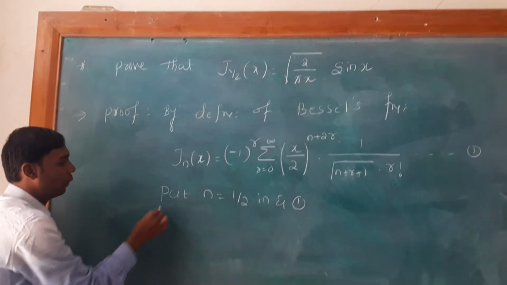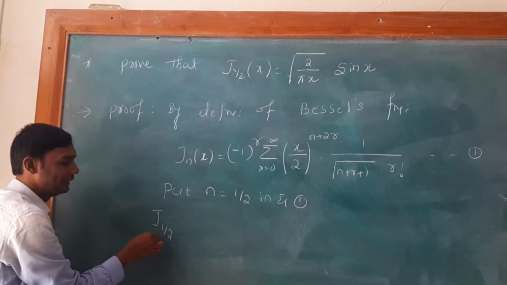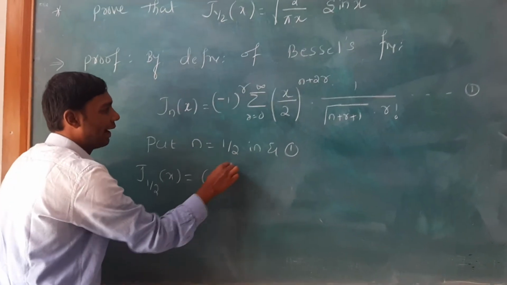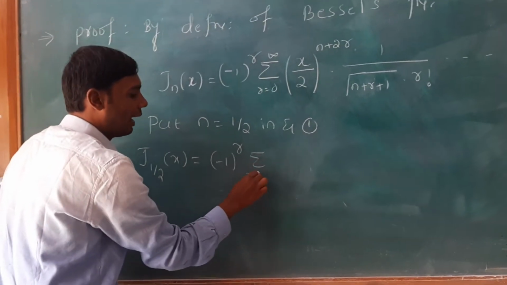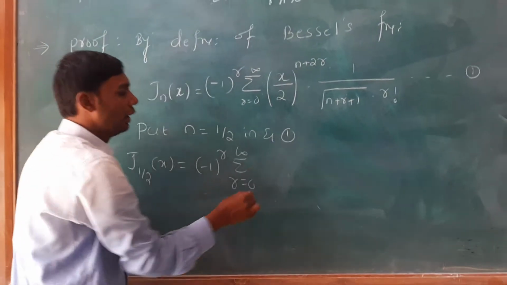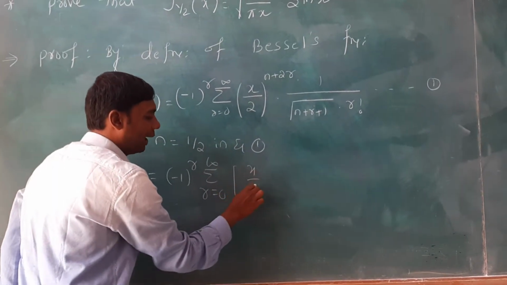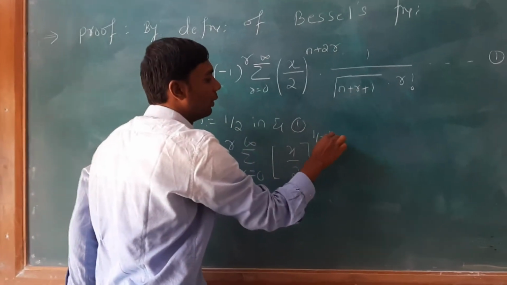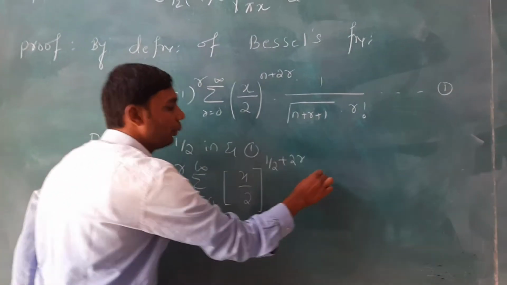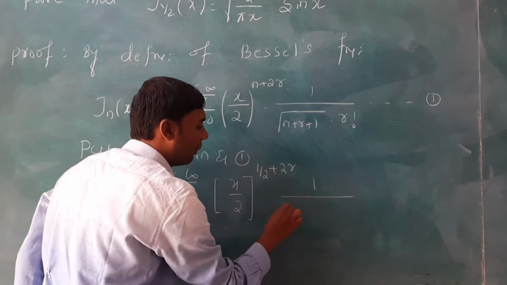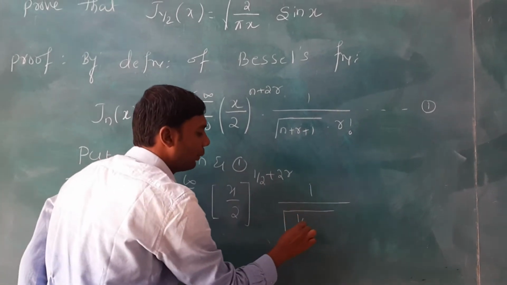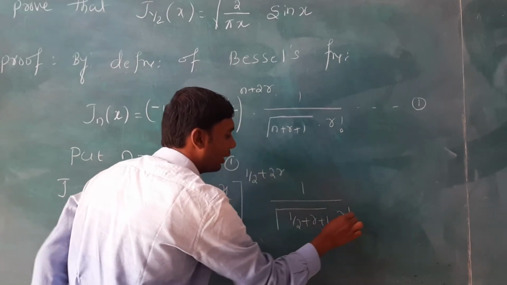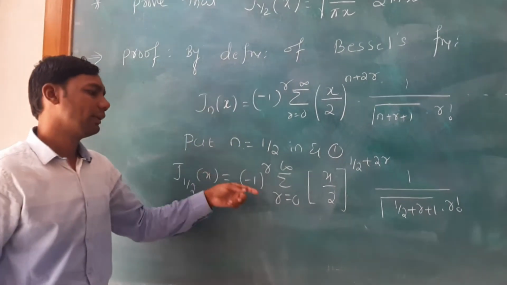So J half of x equal to summation of r equal to 0 to infinity of minus 1 raised to r into x by 2 raised to 1 by 2 plus 2r into 1 divided by gamma of 1 by 2 plus r plus 1 into r factorial. Put n equal to 1 by 2, this is clear.